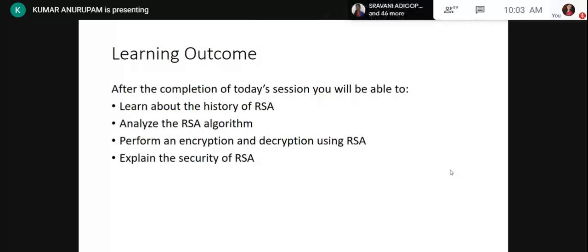We'll analyze the RSA algorithm. We'll perform the encryption and decryption using RSA. We'll be able to do that, and finally, we'll talk about the security of RSA. So, these four topics are what you'll be learning by the end of this session.